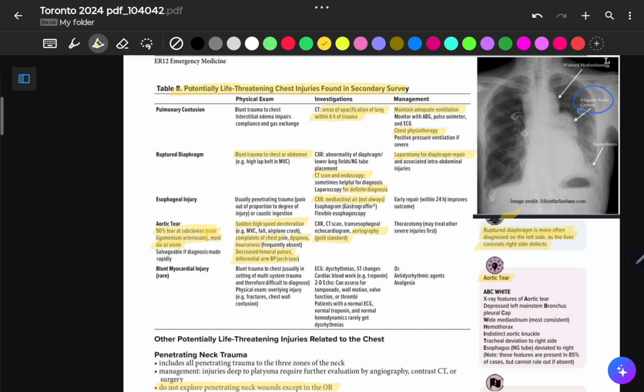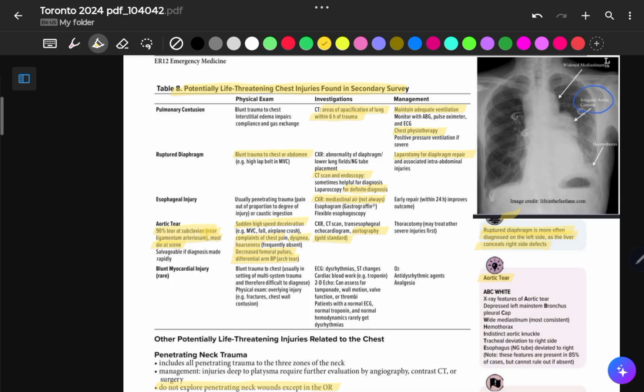They were involved in a motor vehicle accident, or it could be due to a fall or an airplane crash. They will present with complaints of chest pain, dyspnea, hoarseness, which is frequently absent, decreased femoral pulses, and differential BP. So basically, when you measure blood pressure on the left arm and the right arm, the difference is too much.